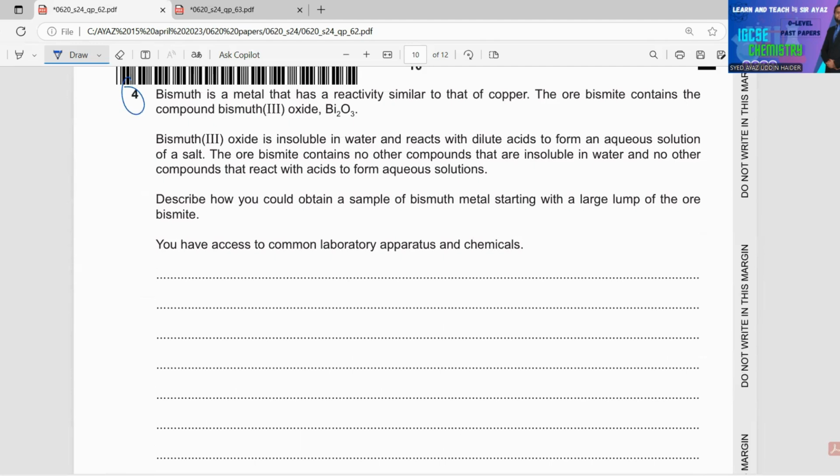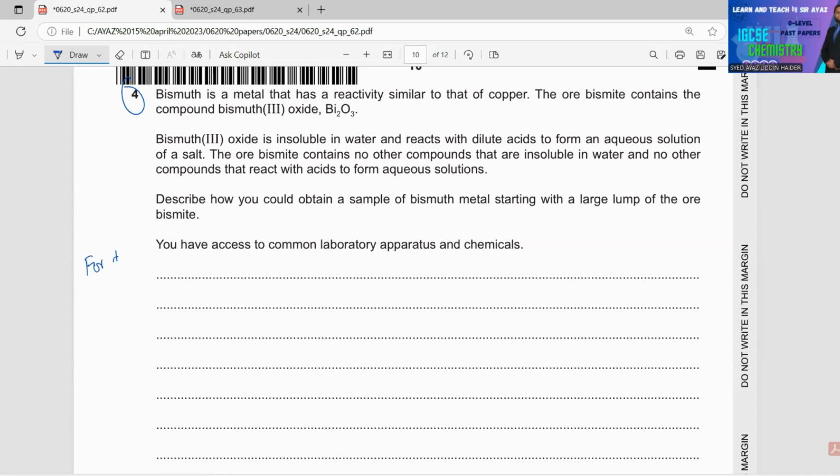So you have the ore here. For the first 3 marks, you have to write these steps. You have to crush the ore or make it into small pieces, then name the apparatus used here. Then you will add water and filter.